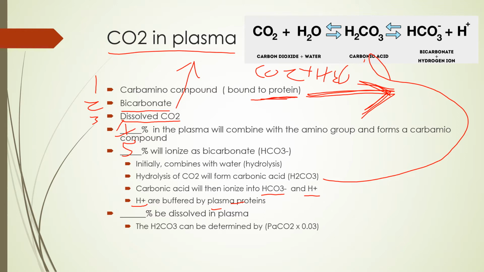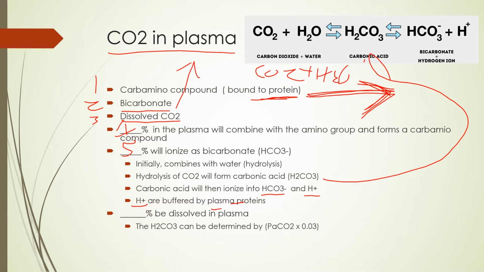And finally, your third way that CO2 is taken to the lungs in the plasma is going to be dissolved in the plasma. So this is sort of like that pressure that's dissolved. And so this is when we're looking at the pressure that's still being exerted because the gas is in its molecule form. It's not combining with anything like we see with the carbamino compound.